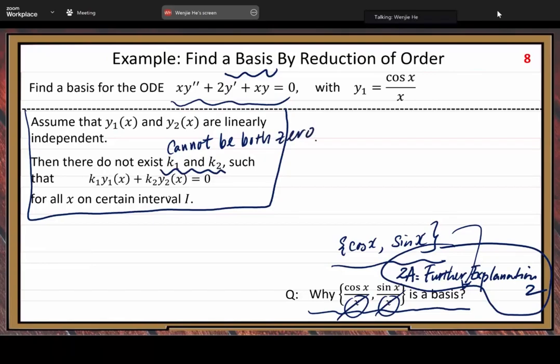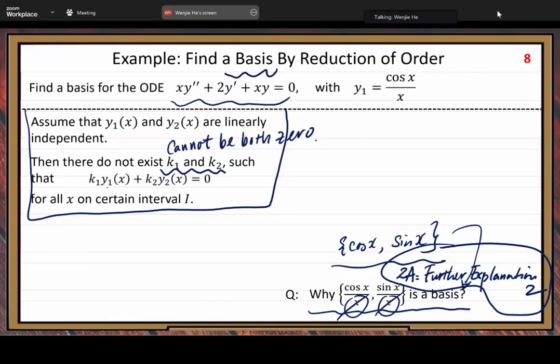Because if you make k1 and k2 both 0, obviously it is 0 on any interval I. That's not allowed.